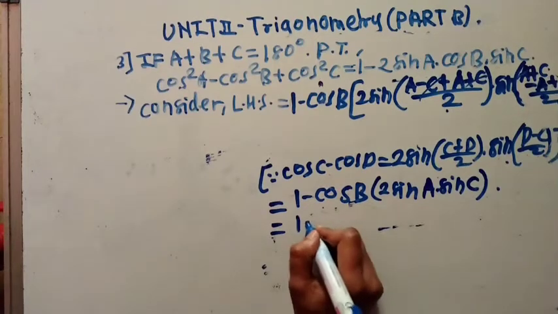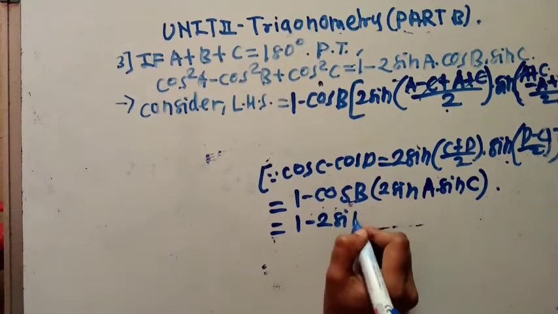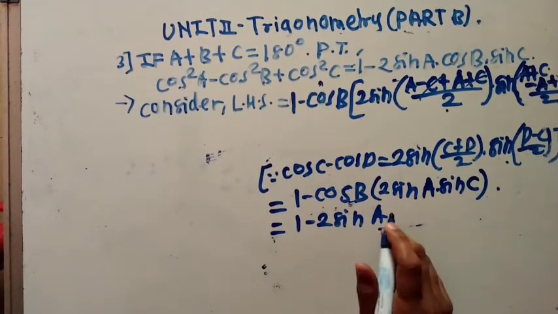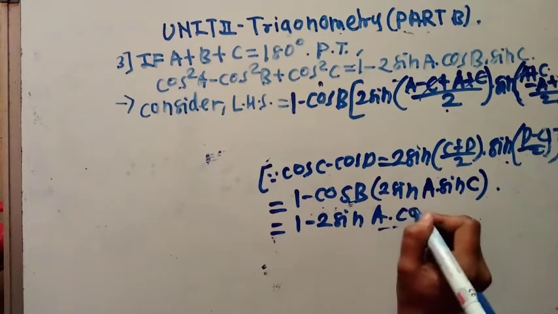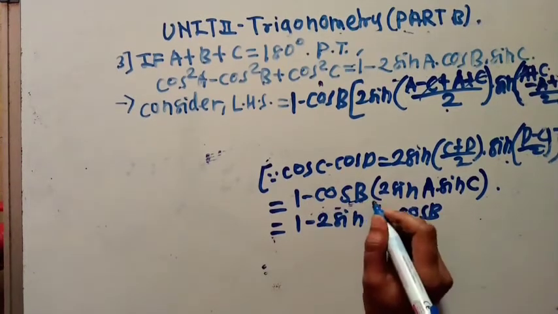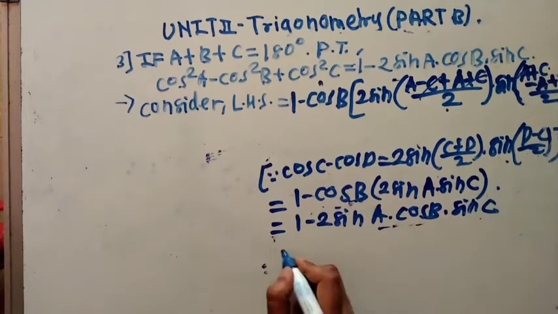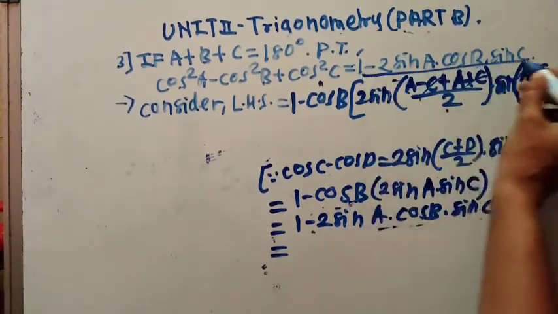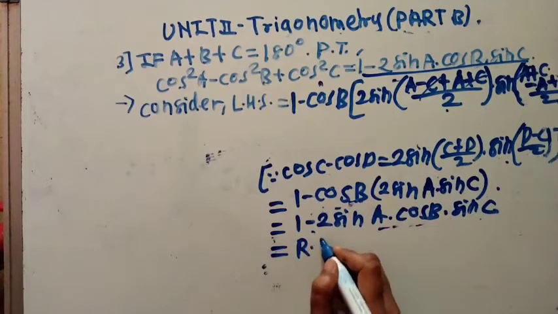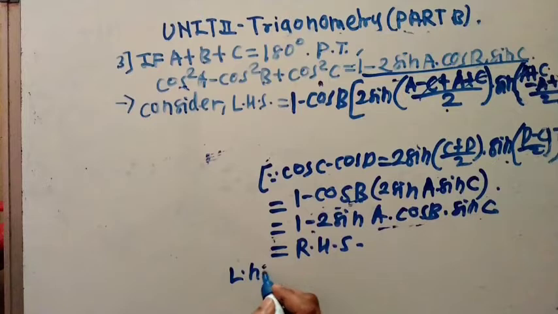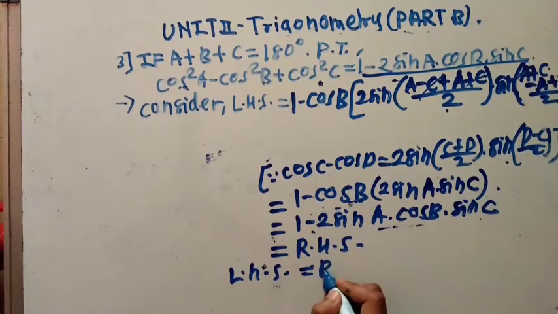So this is equal to 1 − 2 sin a into cos b into sin c, which is equal to the right hand side. Hence LHS is equal to RHS, hence this is proved.